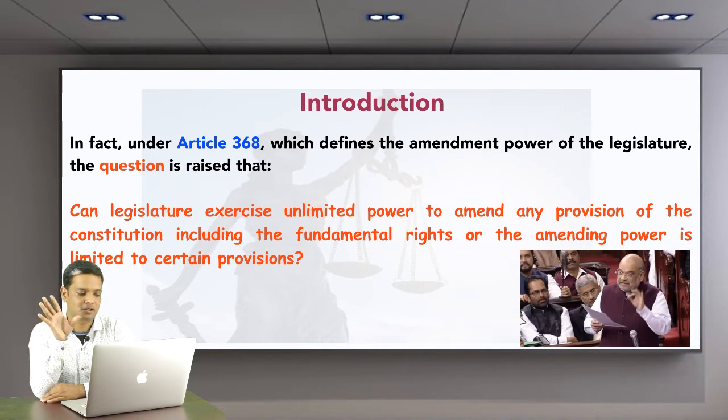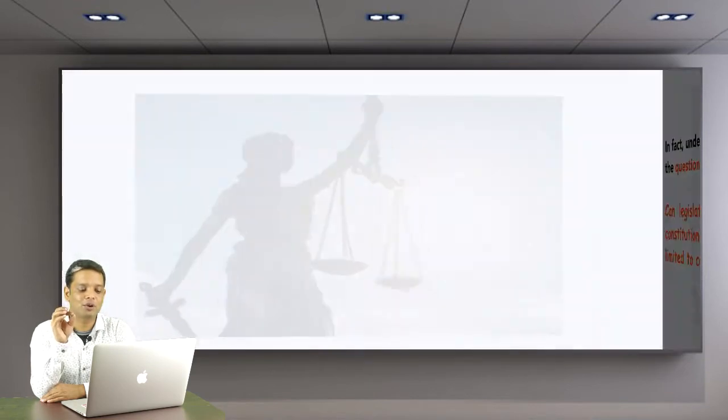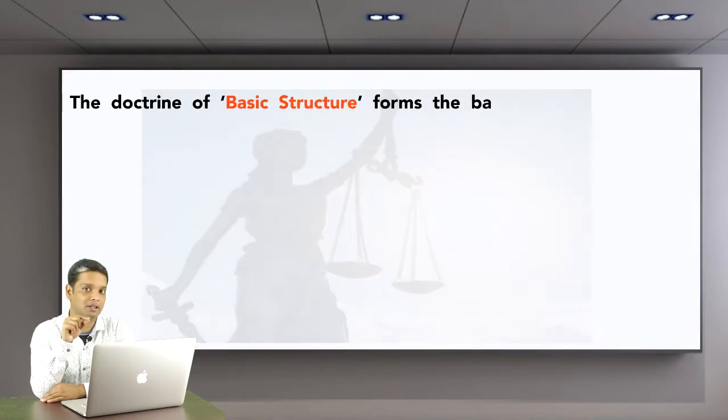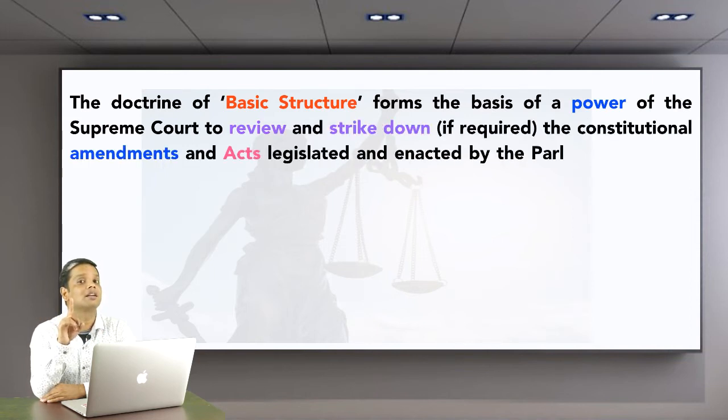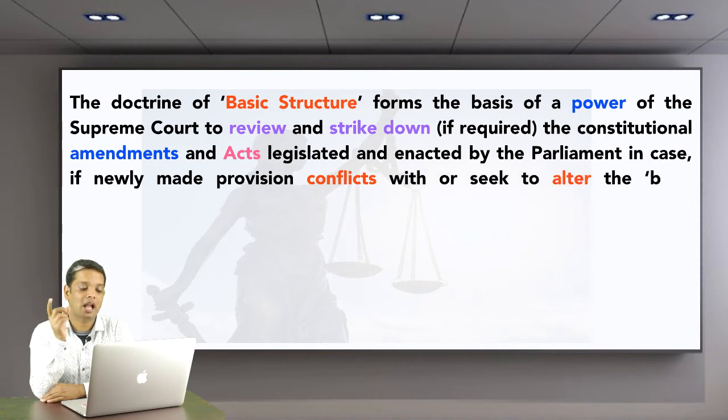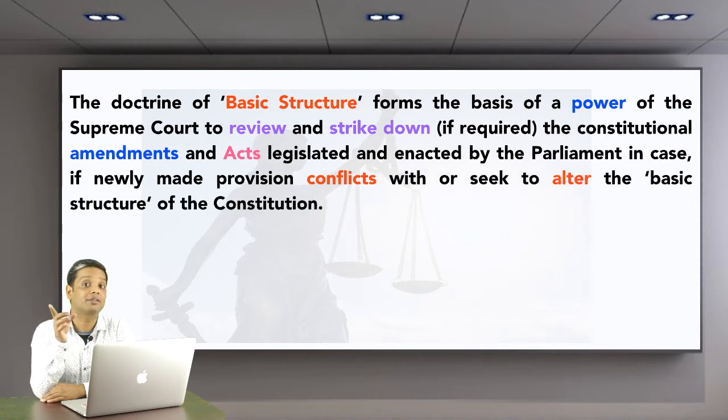The doctrine of basic structure forms the basis of the power of the Supreme Court to review and strike down, please pay attention to these two terms, to review, because we are discussing judicial review, and to strike down, if required, constitutional amendments and acts legislated and enacted by Parliament, in case a newly made provision conflicts with or seeks to alter the basic structure of the Constitution.